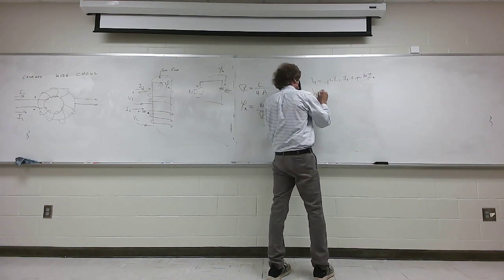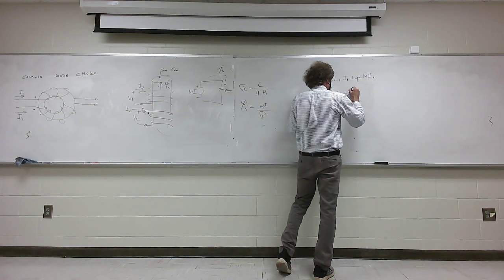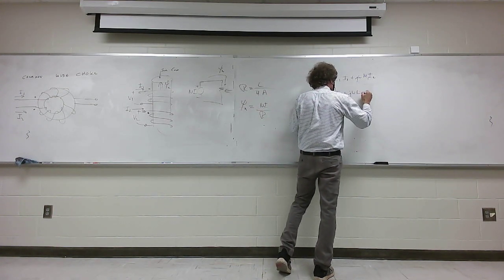And then V2 is equal to j omega M I1 plus j omega L2 I2.